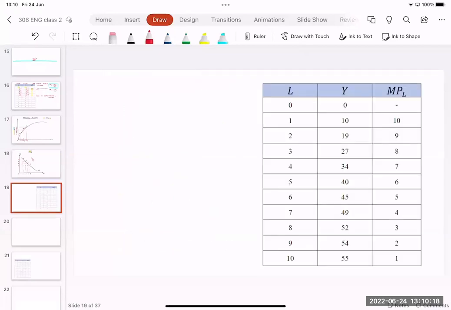Come back to the table again, L, Y, and MPL. This time, if I tell you that the real wage equals 7, you learned it last time. We have nominal wage and we have real wage, remember? Nominal wage: you work for the whole day, how much money do you get?